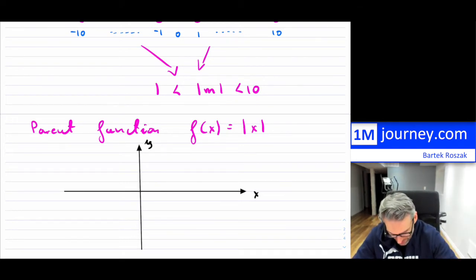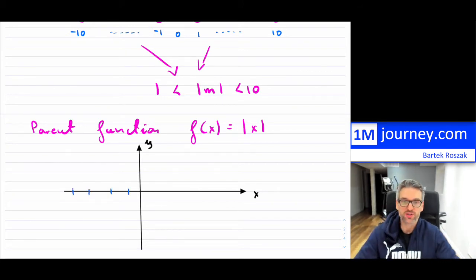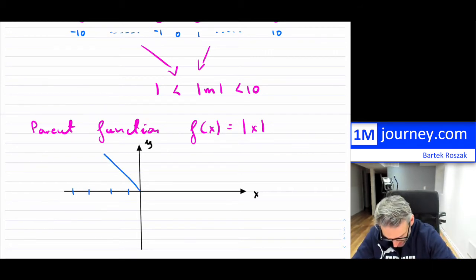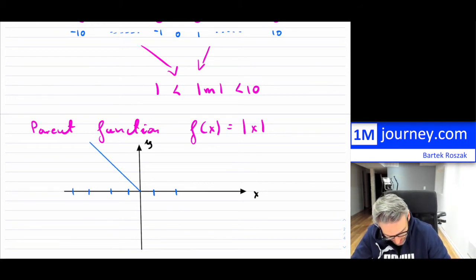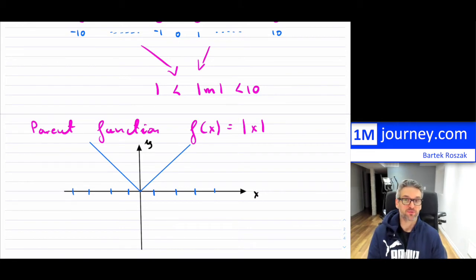What you will find is that for all your negative values, for all the values on this side, it will just make them positive, and it's going to have a nice straight line going up. And then for your positive values, as you go on, this also is a straight line. So it's almost like a reflection along the y of our line that we have. And it looks like it's made up of 2 lines.